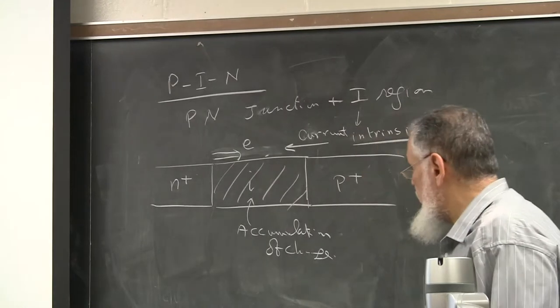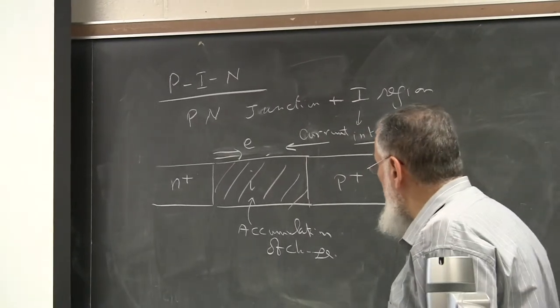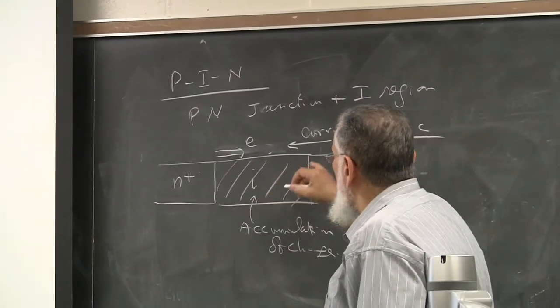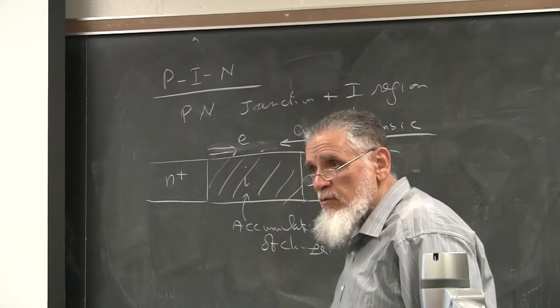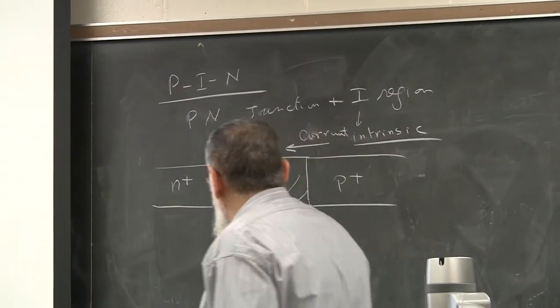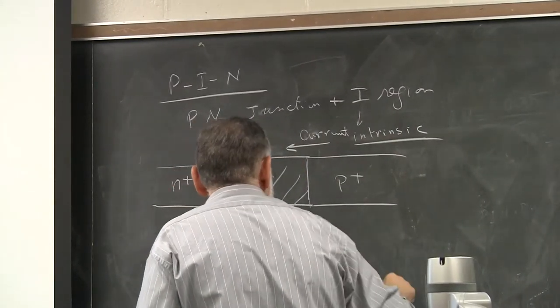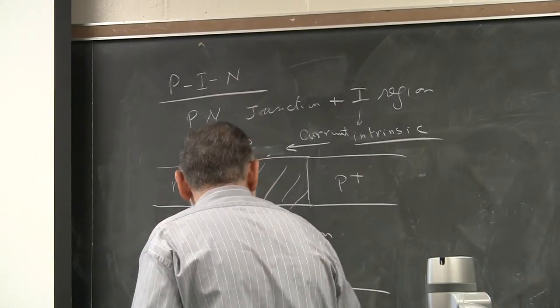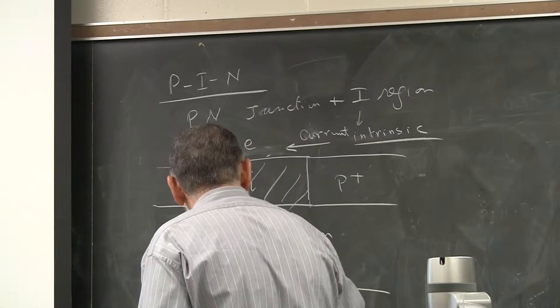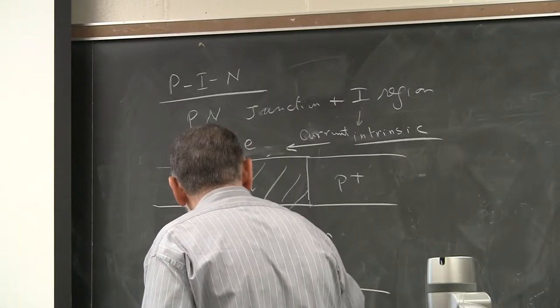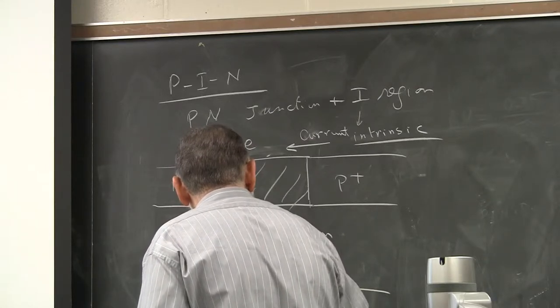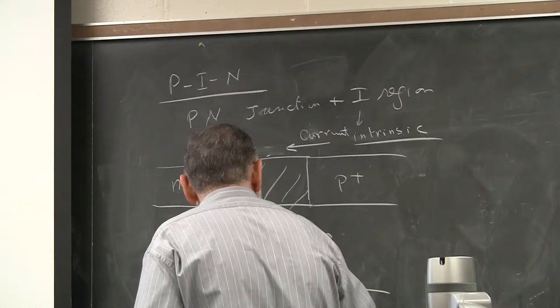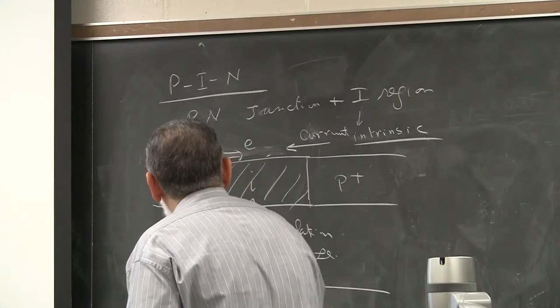That's in the forward bias. While in the reverse bias, this region here has to be completely depleted before it becomes off. So you have to really wait for this to be clear of charges, no charge, to achieve the reverse bias.